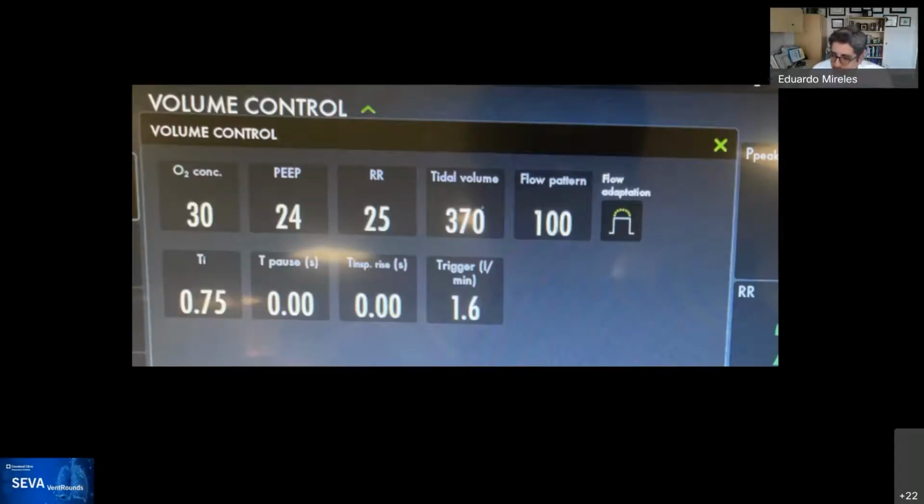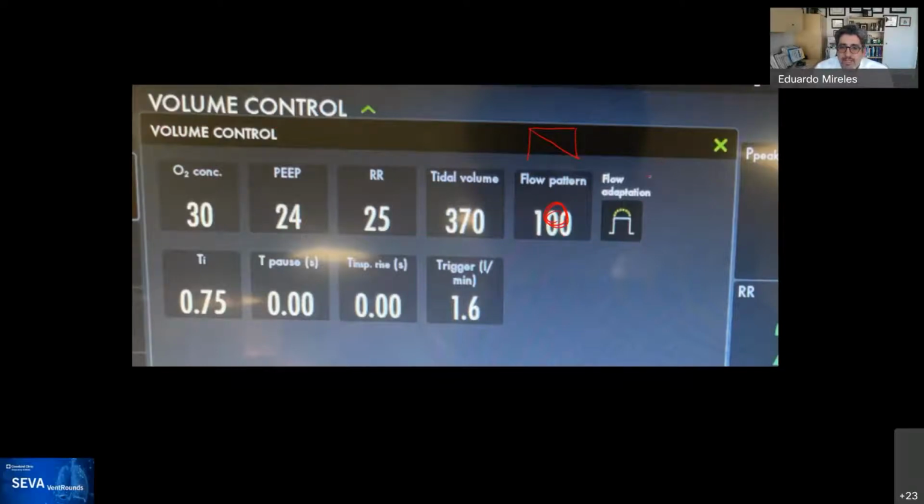So Steve, you asked me about how to set it, so I knew that this was coming. So when you're in volume control, so this is the patient, you can see the oxygen concentration, PEEP, respiratory rate, tidal volume, flow pattern, which essentially 100 is a square, and if you put 0 here, it would be a triangle like that.